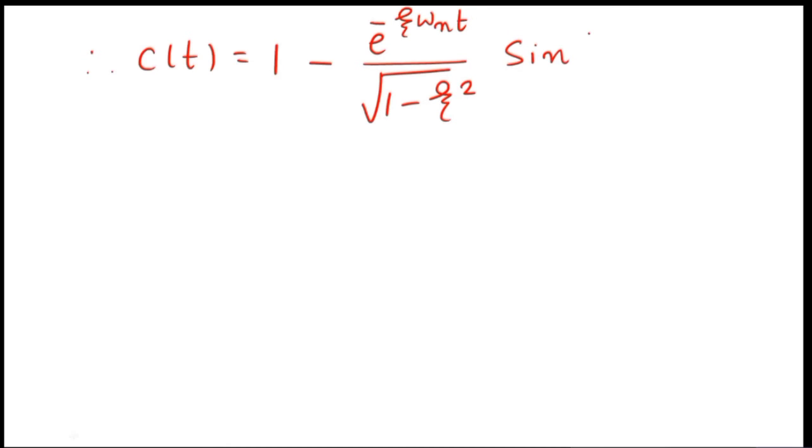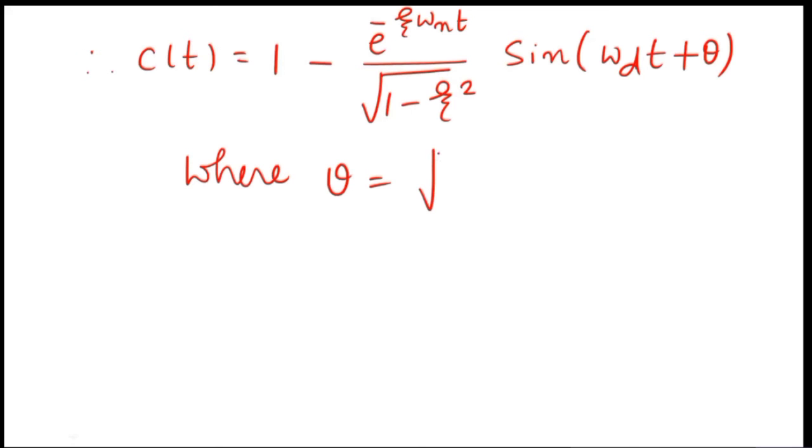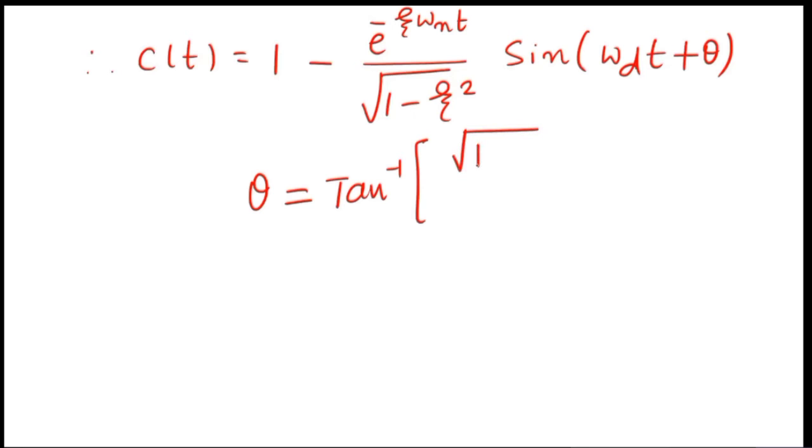Therefore, C of t is equal to 1 minus e power minus zeta omega n t by square root of 1 minus zeta square into sin(omega d t plus theta), where the value of theta is equal to tan inverse of square root of 1 minus zeta square by zeta.